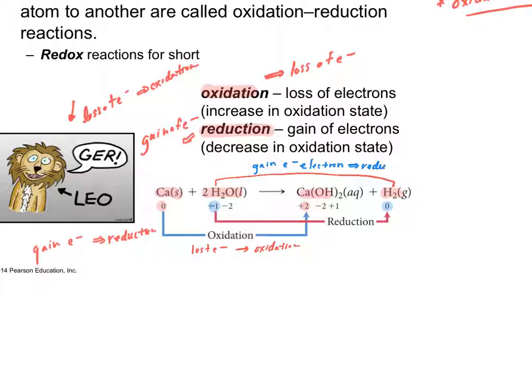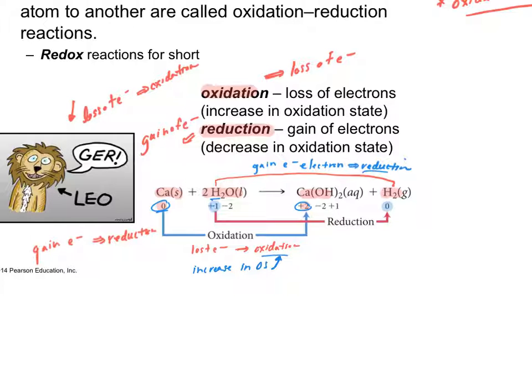All right, so in this reaction, by utilizing oxidation states, we found that calcium was oxidized, whereas hydrogen was reduced, okay? I can see going from 0 to +2 as a loss of electrons, but this is also just an increase in oxidation state.